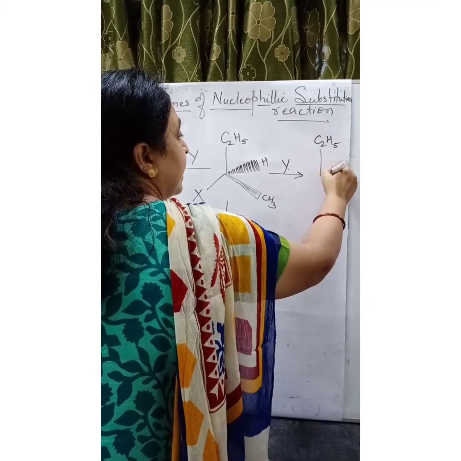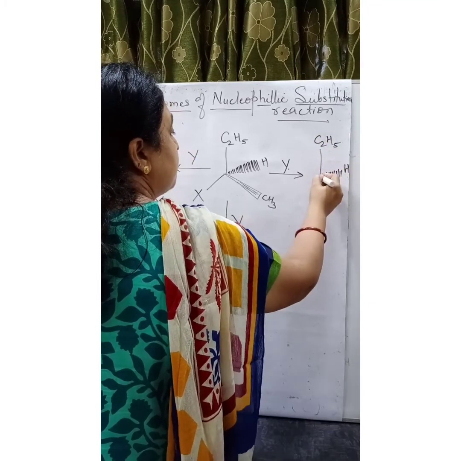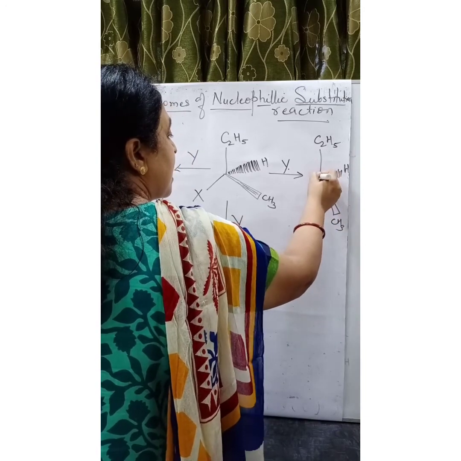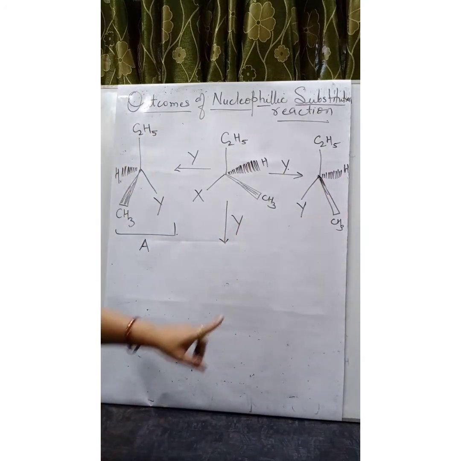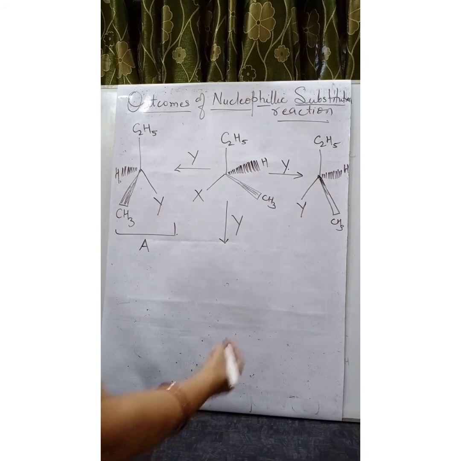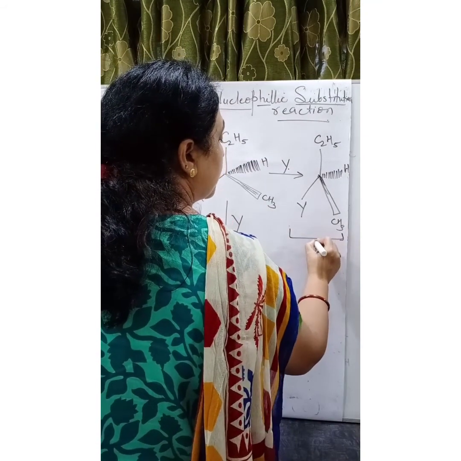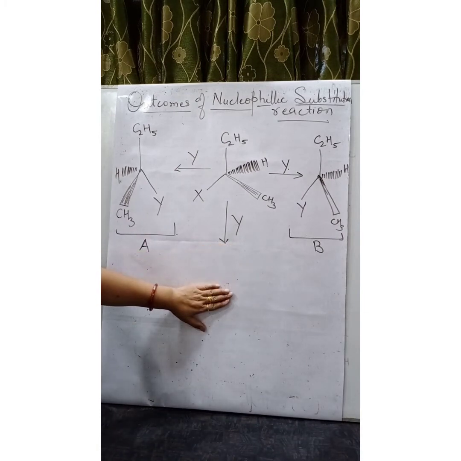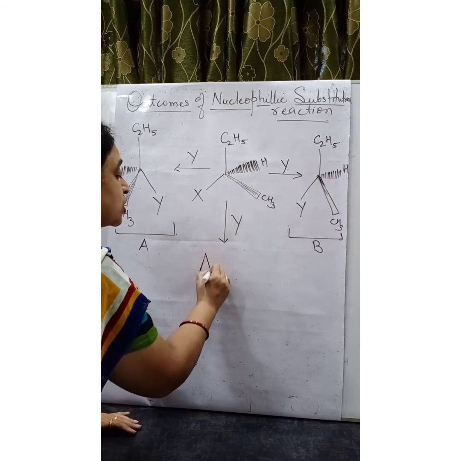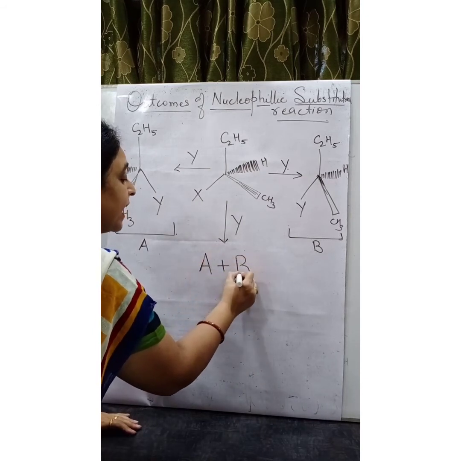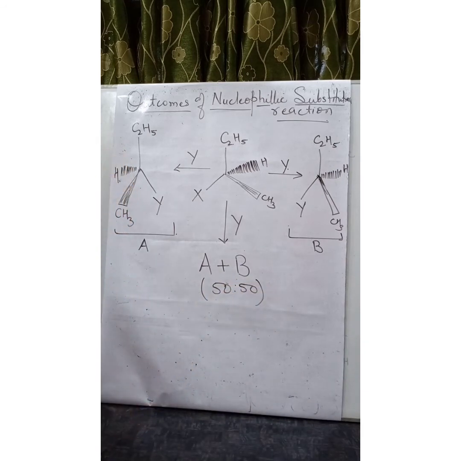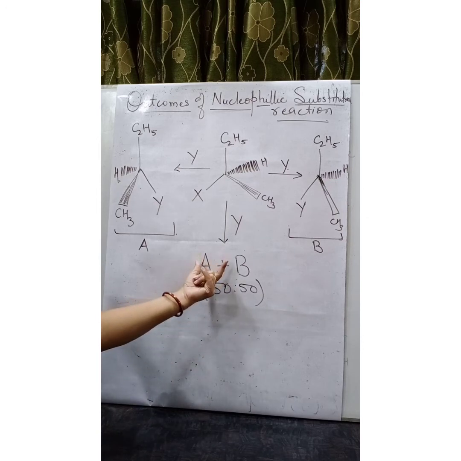C2H5, there is no change in the configuration, CH3, and Y just replaces X. Let this product be product B. Now, the third outcome is that we are getting a mixture of both the products A and B, 50:50. We are getting an equimolar mixture of both the products, product A and product B.